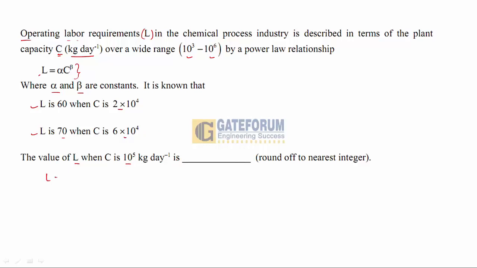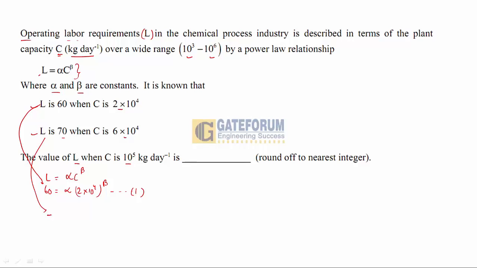So let us write the relation L is equal to alpha C to the power beta. Using this relation, L is 60 equal to alpha, how much is C? 2 into 10 to the power 4, to the power beta. This is our equation 1. Again, let us use this relation.